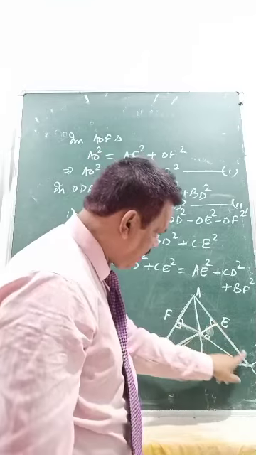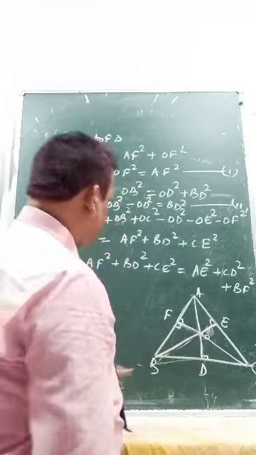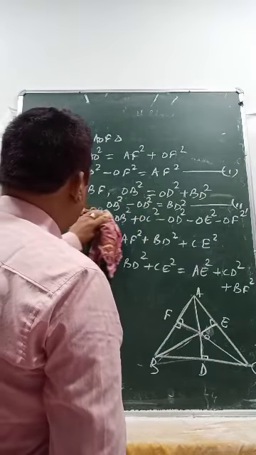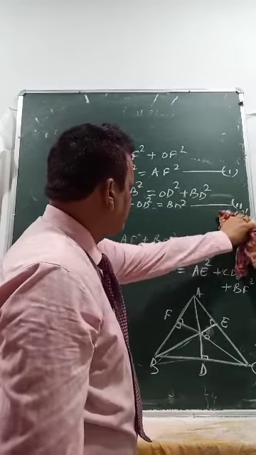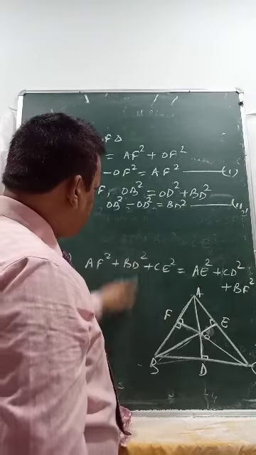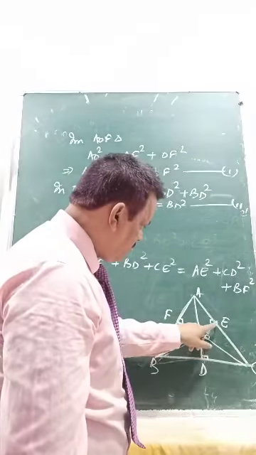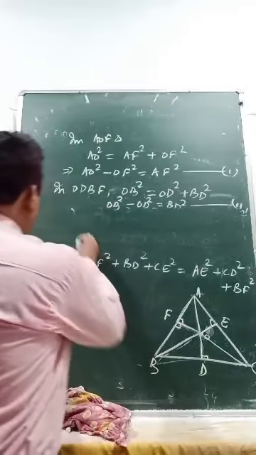Now you need CE. CE means you have to take OEC triangle. So which part do you take? CE is required, so OEC triangle.